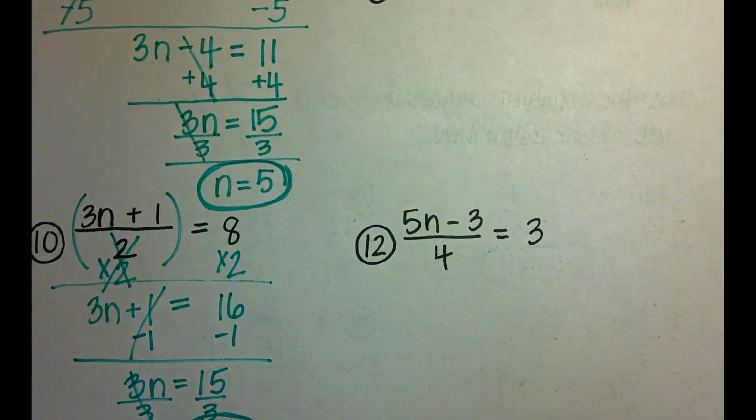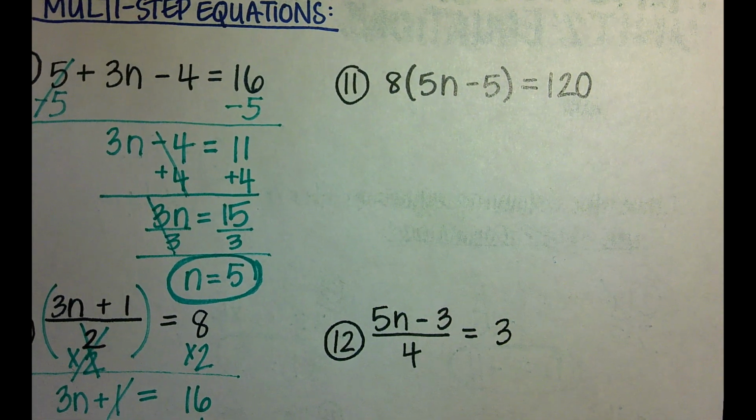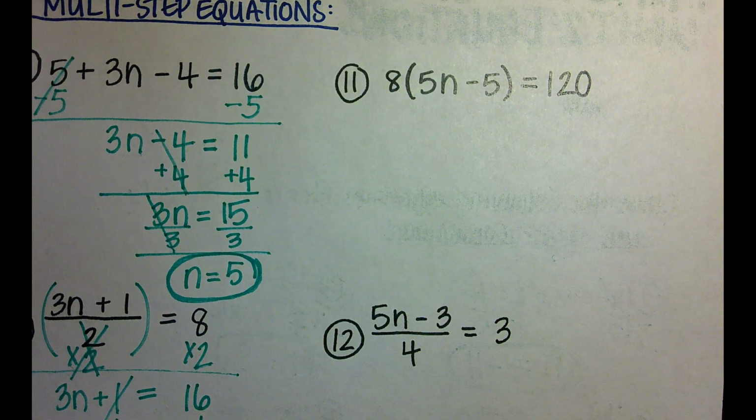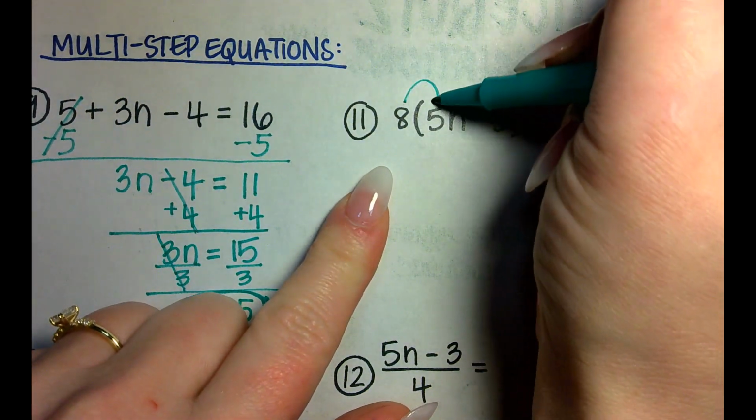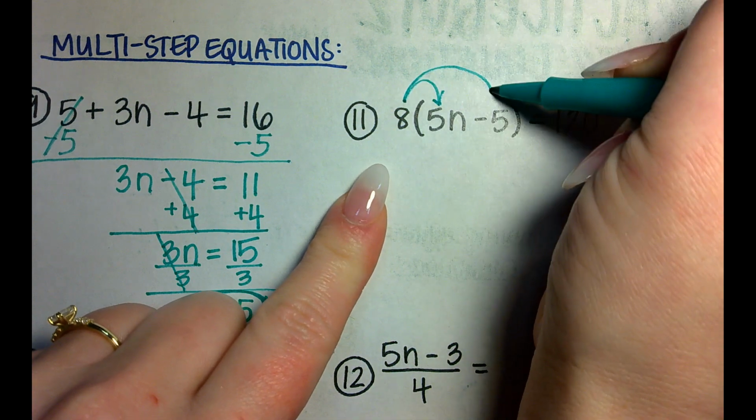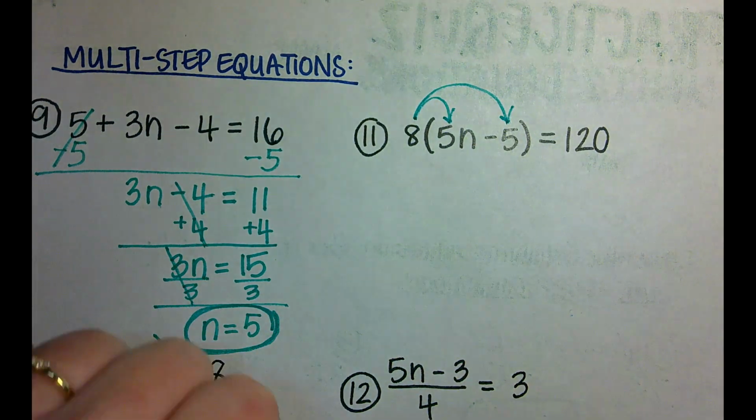All right, so number 11 is also a little different. Can somebody tell me what's going on in number 11 and how we might start it? You have to take 8 times 5. Yes, and 8 times 5. Perfect. We can start this with two different methods.